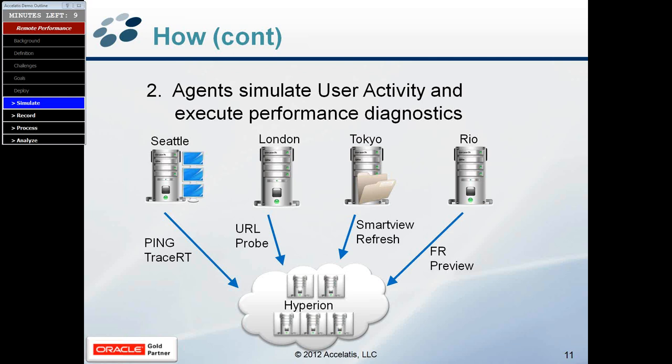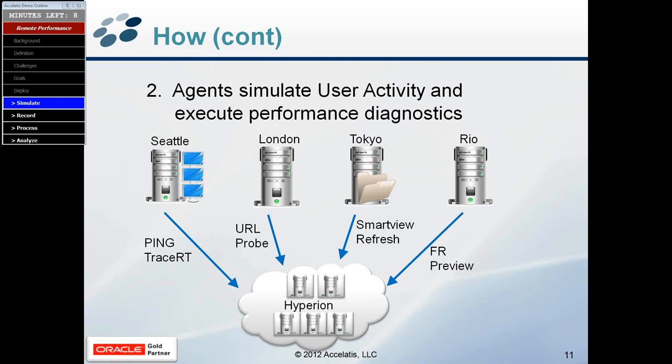And the remote performance clients can be instructed to execute these simulations all from the central console. So it might be that every 5 or 10 minutes pings and trace routes are done, and every 15 or 20 minutes full synthetic transactions are executed. And what this does is it captures network activity and performance.